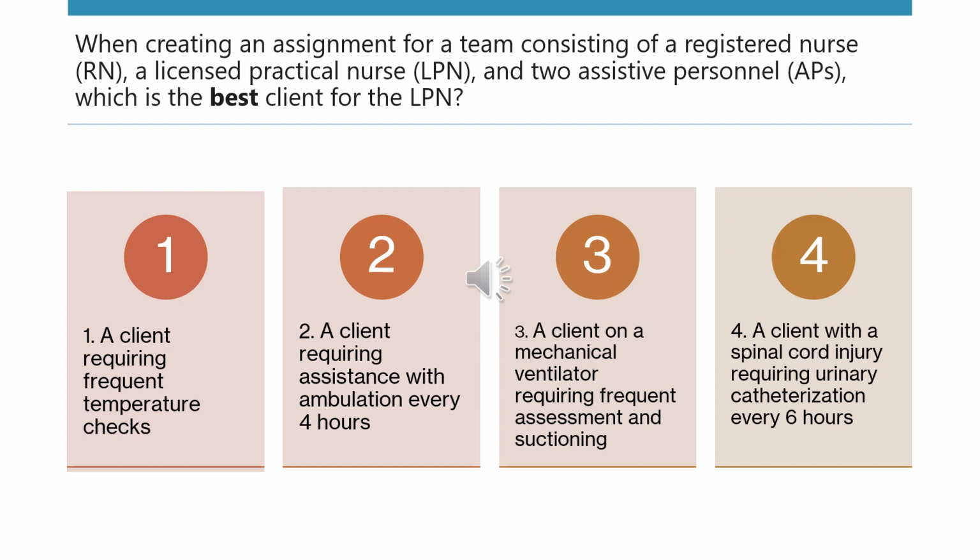So let's go back to our basics of delegation. Remember, when we are delegating, first we need to see what the law says an individual can do. So what does our Nurse Practice Act say an individual can do?